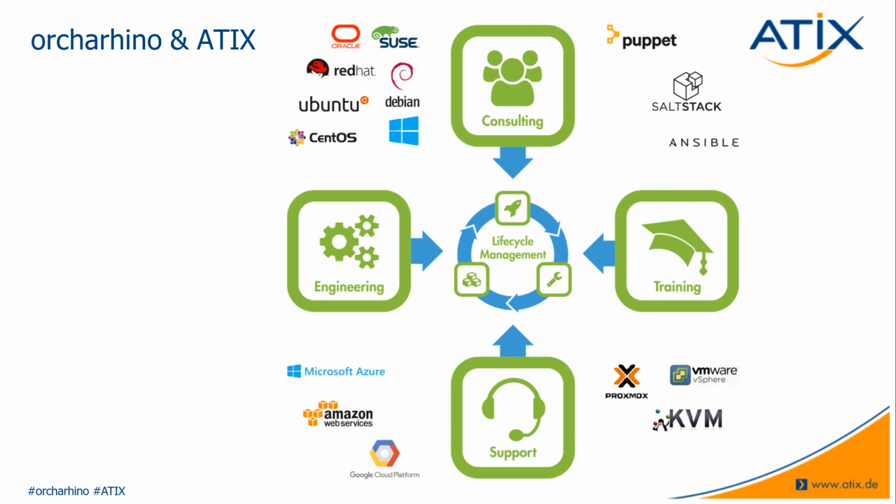Of course, you can also pick a cloud solution like Microsoft Azure, AWS or Google Cloud Platform, and combine this with the configuration management tool you want to use, let it be Puppet, SaltStack, or Ansible.